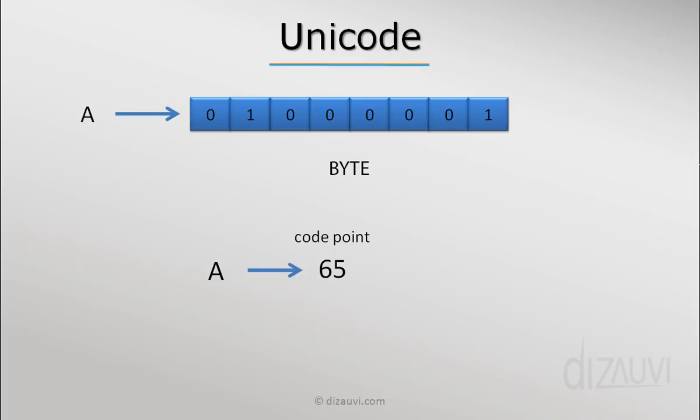So 65 is the decimal code point, while 10000001 is the binary code point for the character A, and we have not represented it in memory yet, okay? But when we define how to represent it in memory, that leads to different encodings, which are all Unicode encodings.